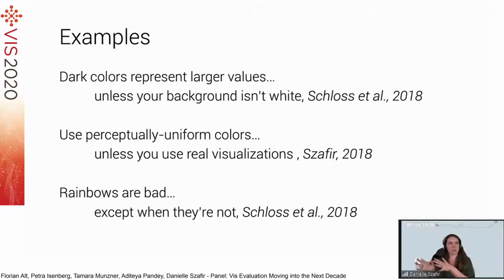It turns out that falls apart when we actually use real visualizations. Rainbows are bad, we should never use them, except in those cases where they're actually good. So we have all these exceptions and unlesses that all add these caveats to our traditional A/B style of comparison evaluations. And it turns out that if we think more mechanistically about what's going on, there might be a lot more rich space for us to explore to make more meaningful design conclusions in practice.